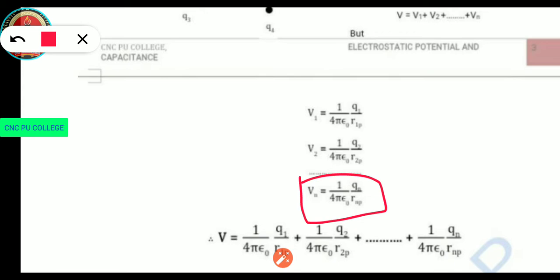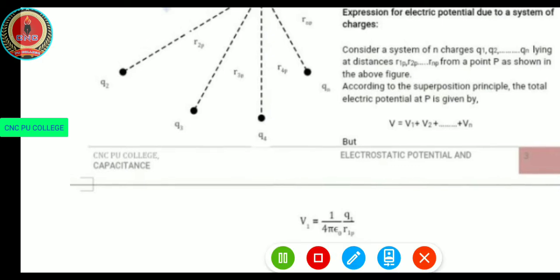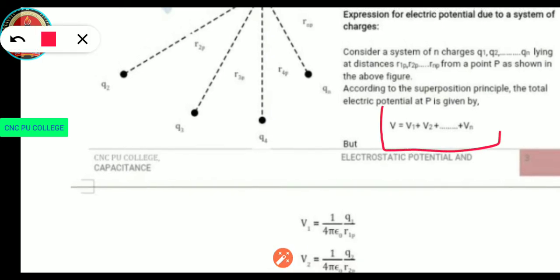With this V1, V2, and so on, we have to substitute in the expression for the total potential at point P, V equals V1 plus V2 plus so on plus Vn.